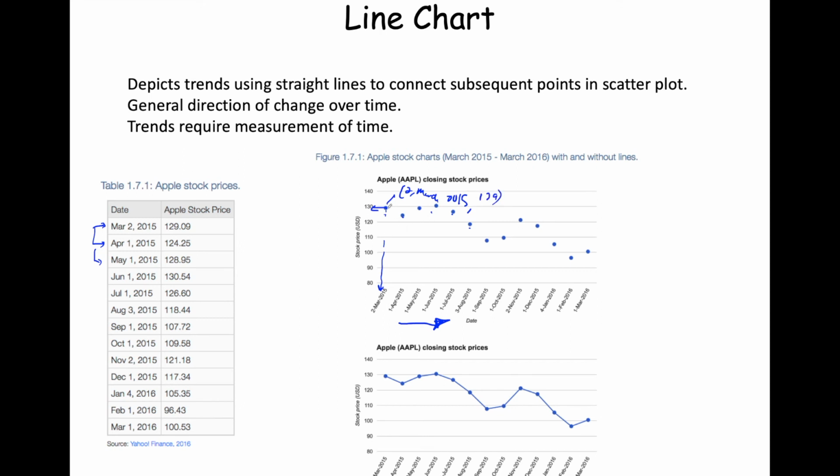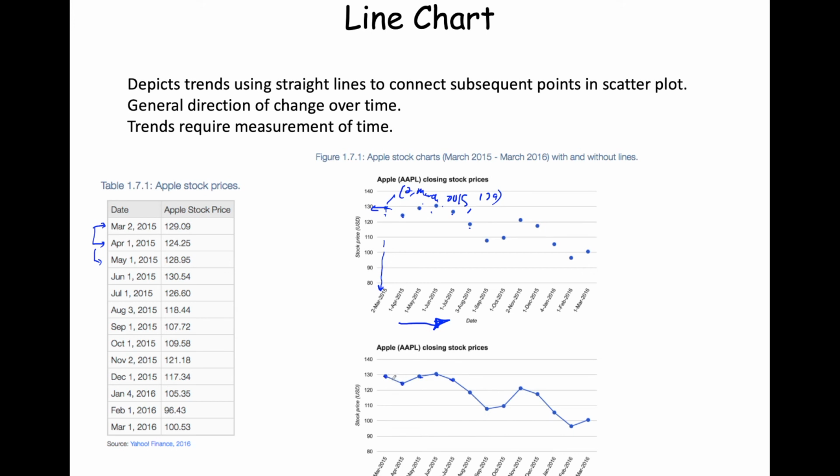And so if we go in time from one point in the scatter plot to the next, to the right, we connect them together, points subsequent to one another, sequentially in order. We connect them to one another with a line segment. And what this line segment represents is the general direction of what the stock was between these 2 dates.